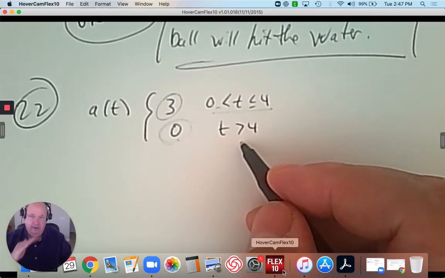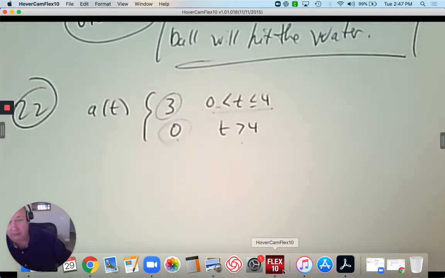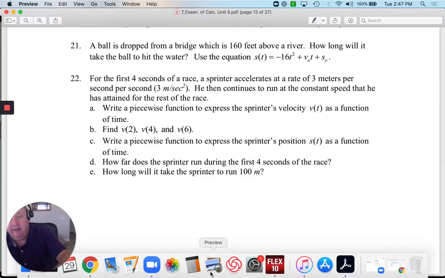So it accelerates and then constant, going whatever speed it's going. So there's your piecewise from there. And then it asks, find v at 2, v at 4, and v at 6. So to find the velocity, we're going to do the antiderivative. So for 3, it's 3t. And the antiderivative of 0 is 0.